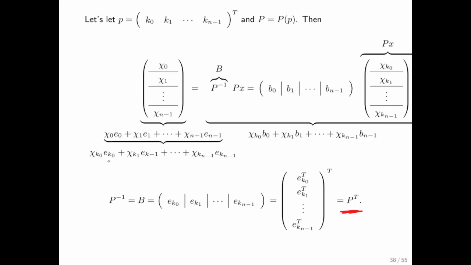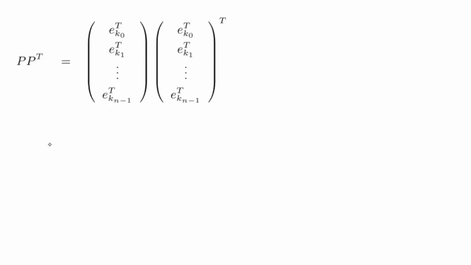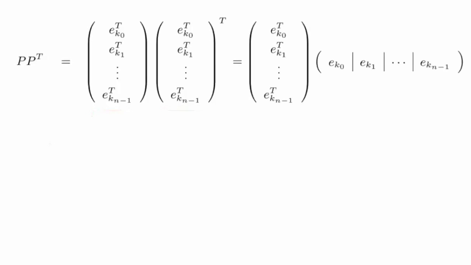Now, we could have saved ourselves a lot of grief if we simply had guessed at that and multiplied things out. So to check whether P inverse is P transpose, we just look at P times P transpose, which is just P identified by its rows as such. Transposing that means that you get the rows that are the unit basis vectors times the columns that are the unit basis vectors in this order.